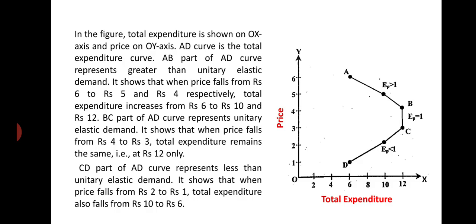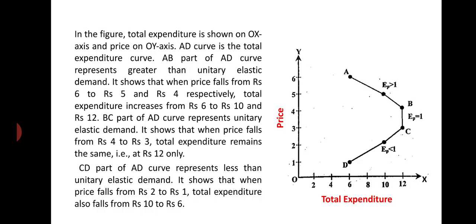And at 4 rupees per unit, 3 units are purchased, so total expenditure is 12 rupees. So up to this point, this downward segment from A to B, from left to right, indicates elasticity of demand greater than 1. Right.